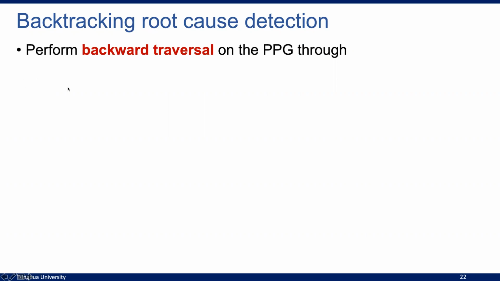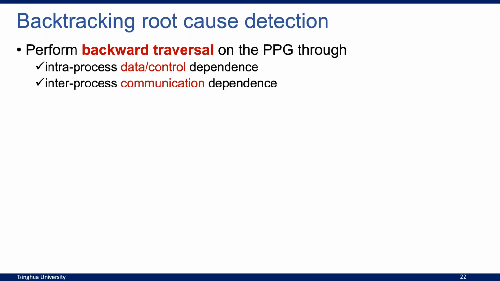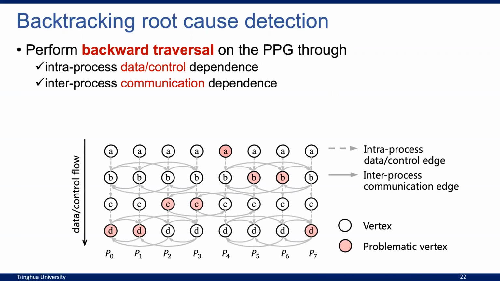We first perform backward traversal on the PPG through intra-process data and control dependence, and inter-process communication dependence. In this graph, each row stands for the same code snippet, and each column stands for the same process. The red vertices stand for the problematic vertices marked in the last step.